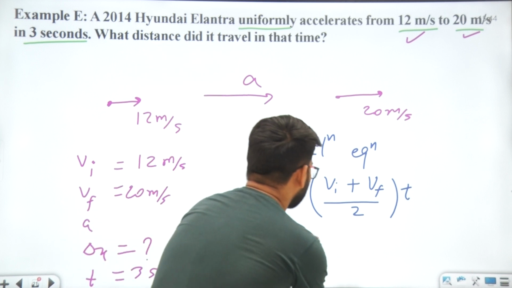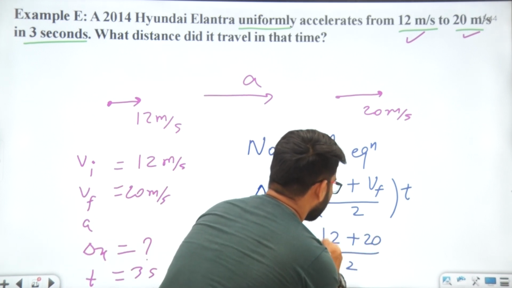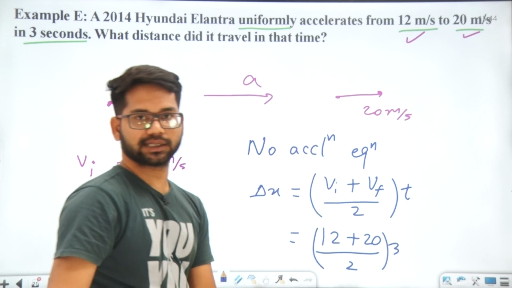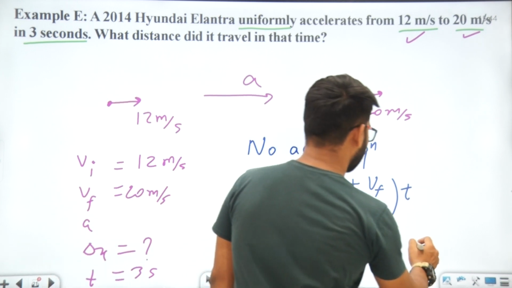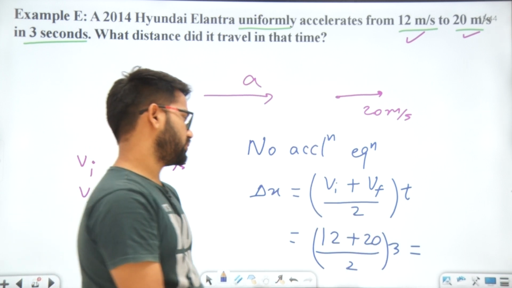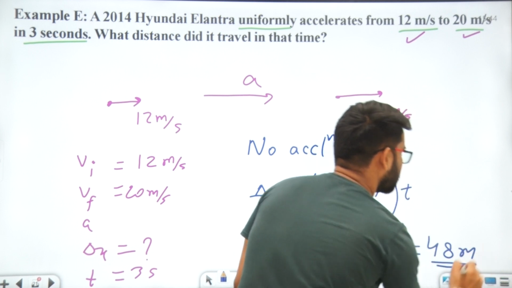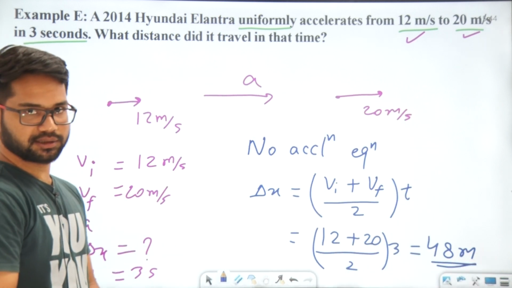We have 12 and 20 over 2 and the time interval is 3 seconds. So we got 32 over 2, 16, times 3, 48 meters. This will be our answer.